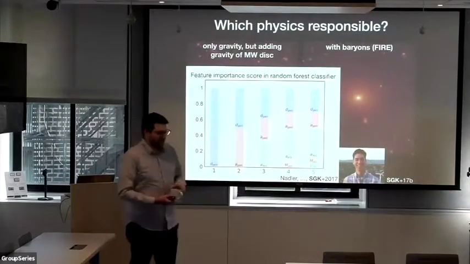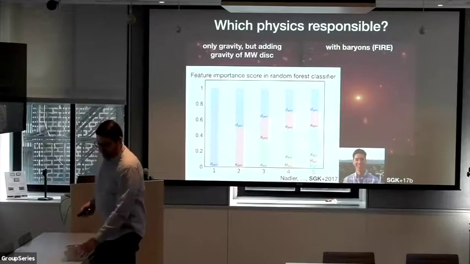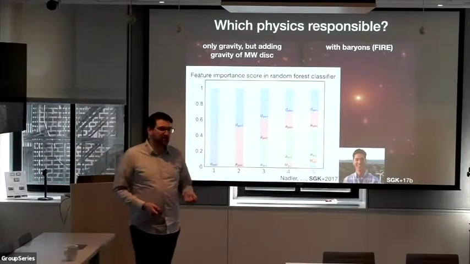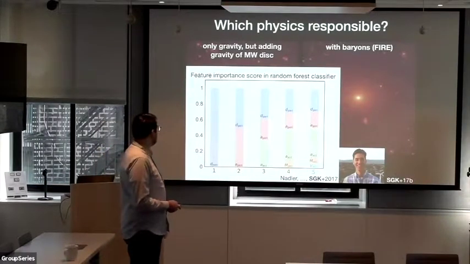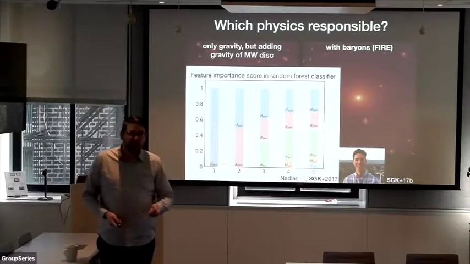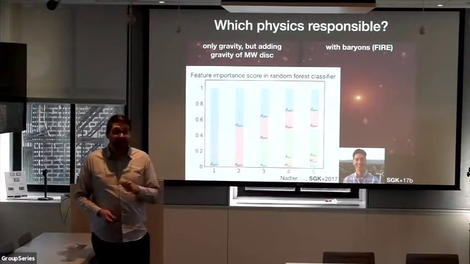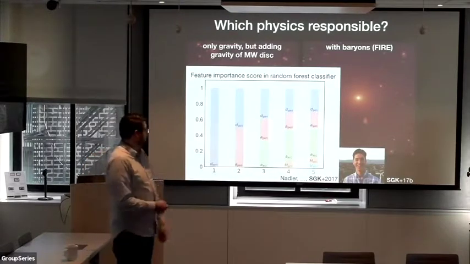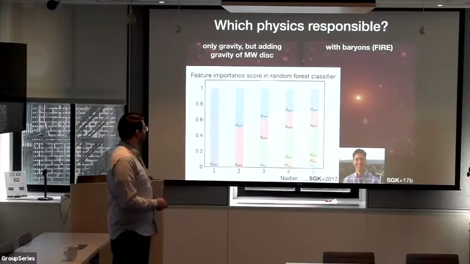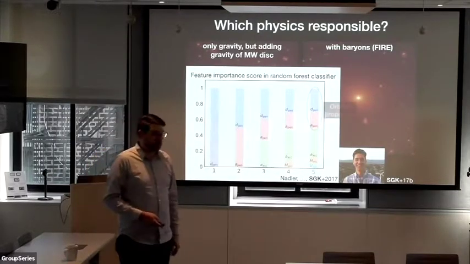Ethan Nadler, a student at Stanford, did a really nice follow-up to this project, where he used a random forest classifier, a machine learning technique, to predict which of those subhalos should survive when you add a galaxy. So here he's showing the feature scores for different machine learning models as you add additional parameter spaces to the model.